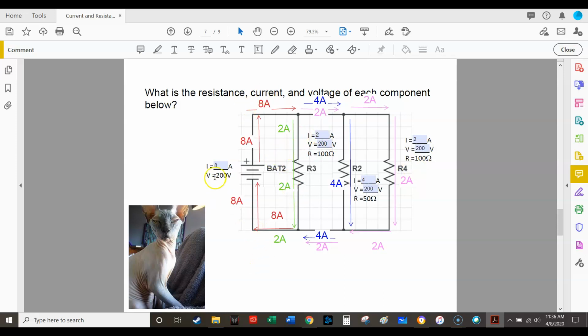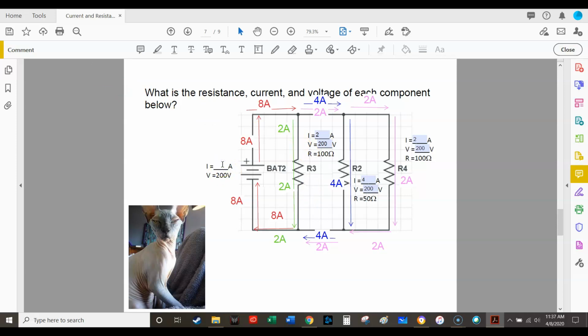There's another way to do this problem, which is more difficult. You combine the 2 resistors together, R2 and R3, and I'll go ahead and do that right now. And I'll make a little bit of room. Actually, I'm going to undo that. All right.